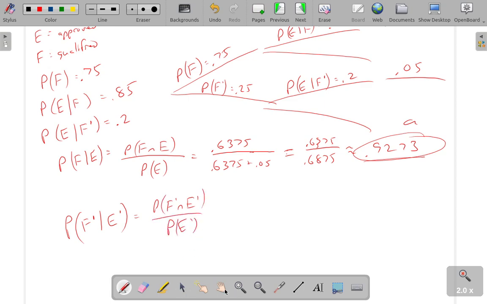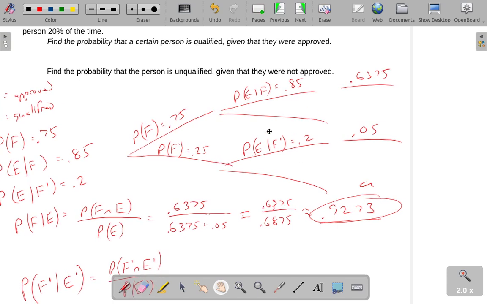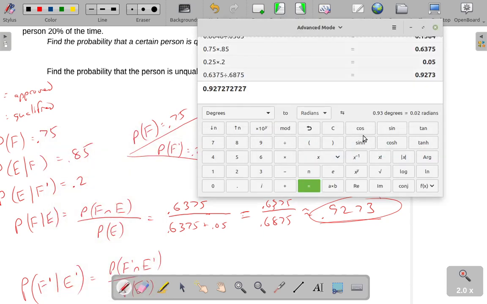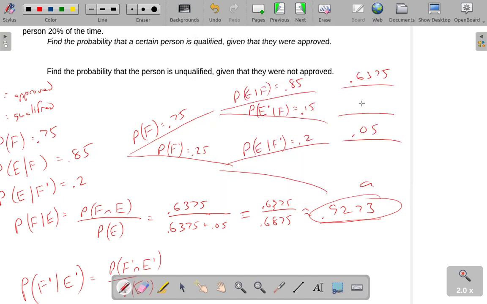So I need to revisit my tree diagram and finish filling in the places where E complement happens. If I went up here, it's an 85% chance, so 1 minus 0.85 is 0.15. Multiplying those together, 0.75 times 0.15 gives me 0.1125.